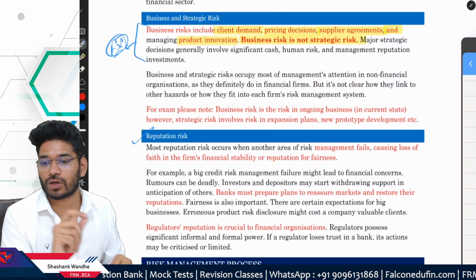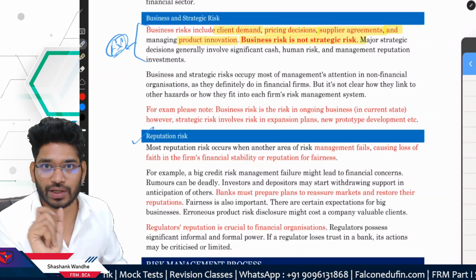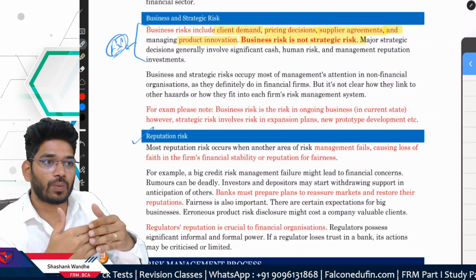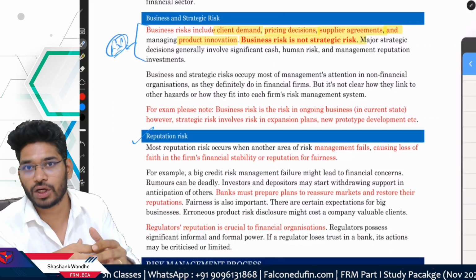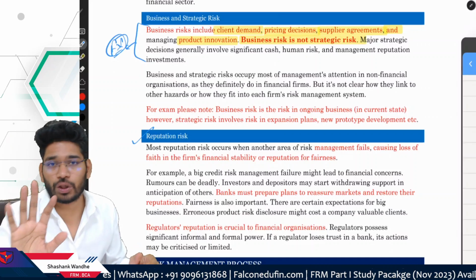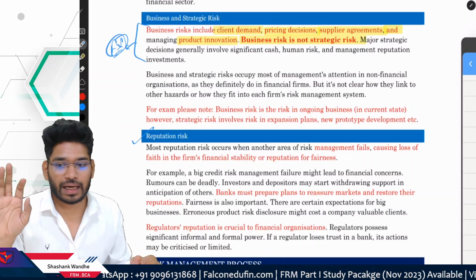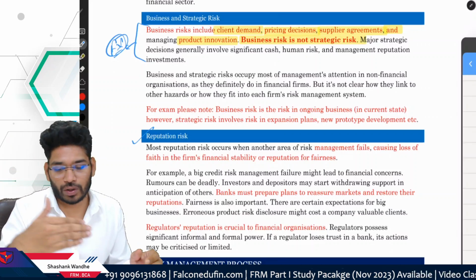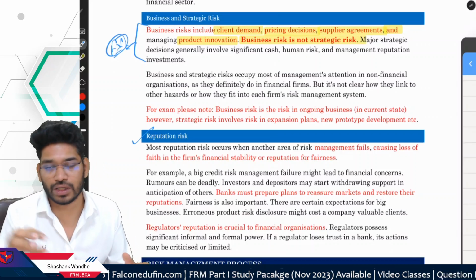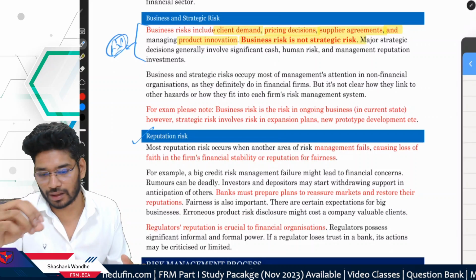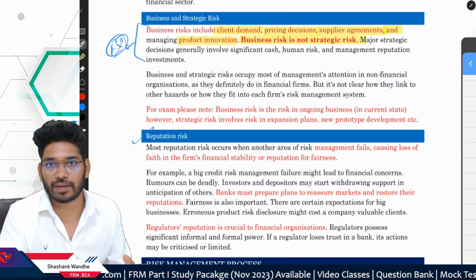On the other hand, there is also strategic risk. Strategic risk is when you want to enter a new domain. For example, your bank wants to enter a new geography, a new country, and in that case this is the strategy: how we will enter that particular country, set up our operations and develop our customers.